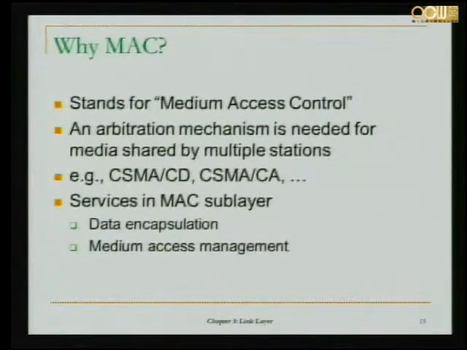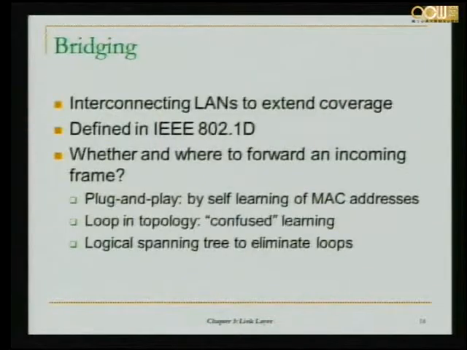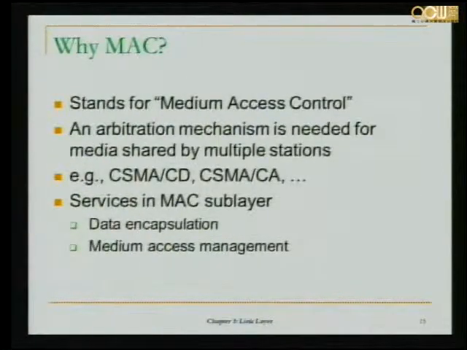Okay, the final two issues: MAC and bridging. MAC is an arbitration mechanism for the media shared by multiple stations. So it's not just two stations. You need to share. There's competition.